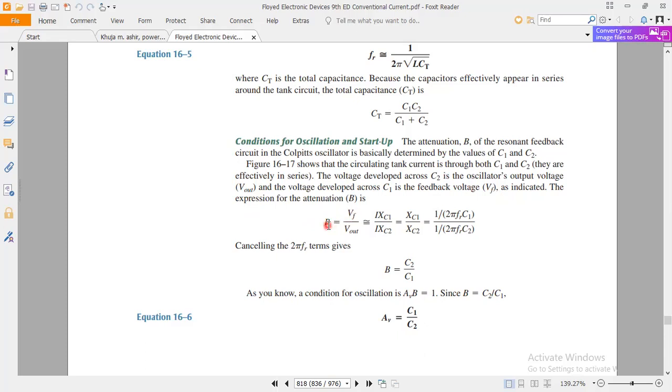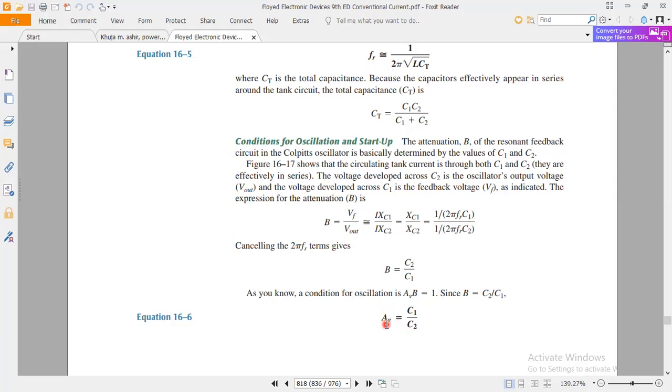as indicated in the expression for attenuation factor B. As per the phenomenon of attenuation, the feedback voltage over output voltage is C2 divided by C1. It is the approximate formula, a calculable quantity, the division ratio C2 over C1, called attenuation. As you know, the condition for oscillation is voltage gain times B equal to 1, and since B equals C2 divided by C1, we can find the reciprocal.